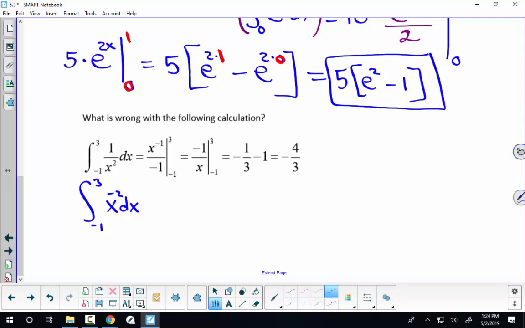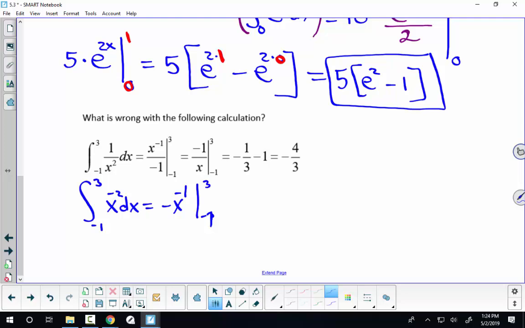Is it where it says it equals -1 over x? Because technically doesn't it equal negative x over -1? Yeah, so this is equal to negative x to the negative 1. And we could evaluate from here, but notice, negative 1 to 3.